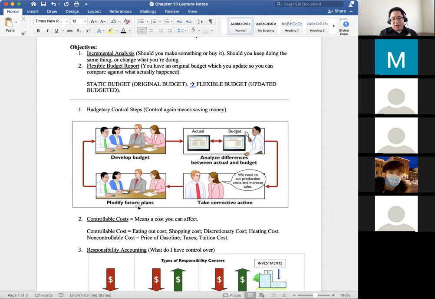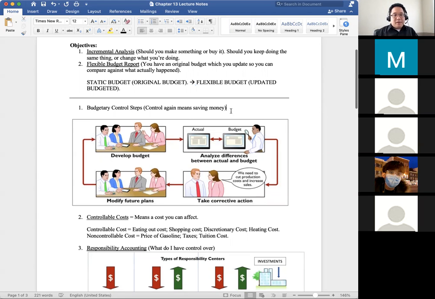Instead of making a product, maybe we should go out and find a supplier and buy it from another company that can produce it for cheaper than we can. And then we're going to use all of these decisions and changes to create the budget again next period. And then we're going to compare what we think is going to happen to what actually happened. And this budgetary control process is ongoing, never ending.